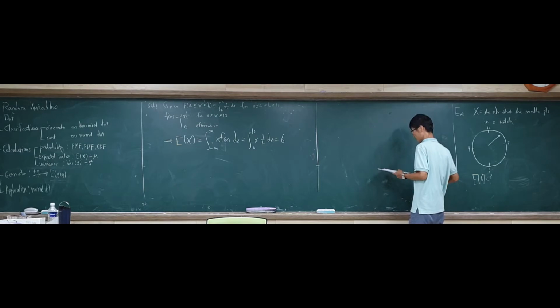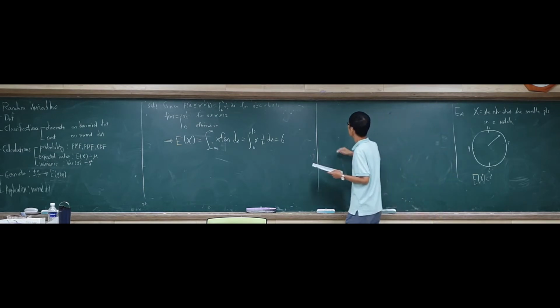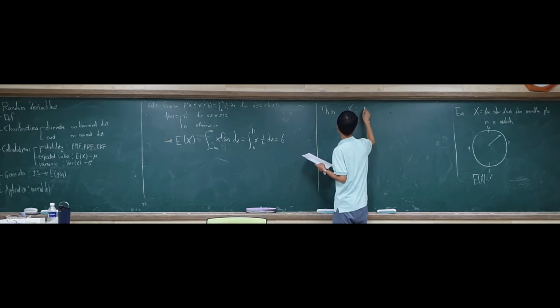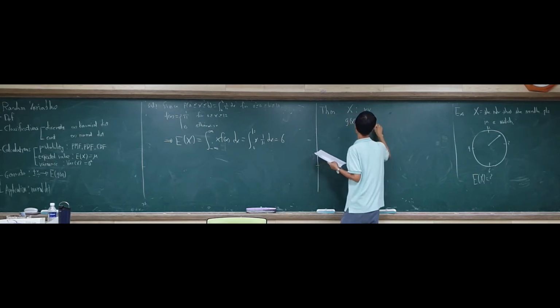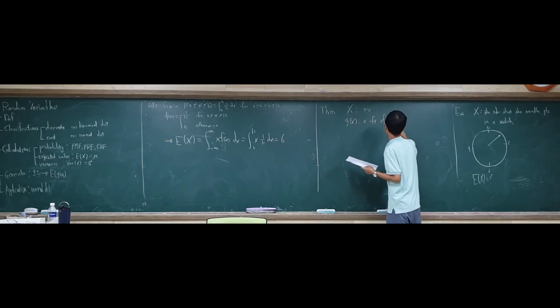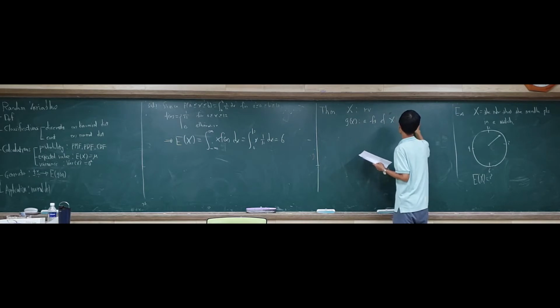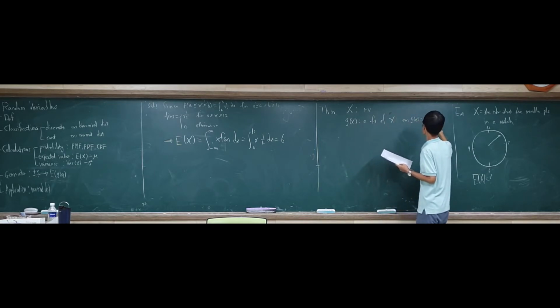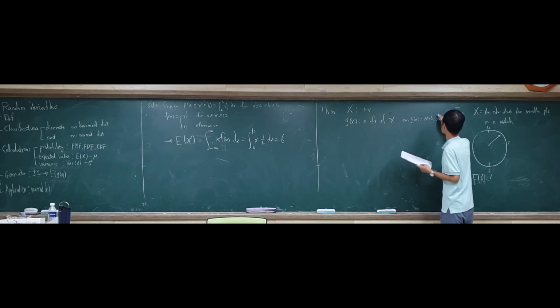Anyway, the following theorem says that if x is a random variable and g(x) is a function of x, for example, g(x) can be x plus 5 or x squared plus 10 times x, and so on.